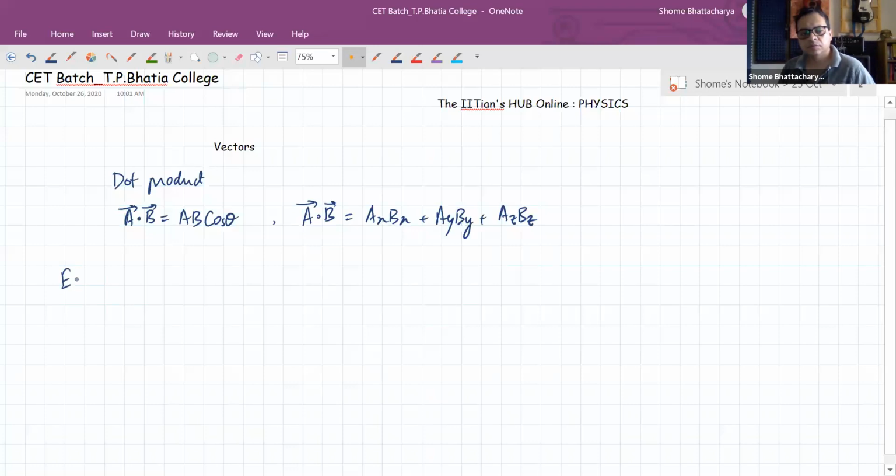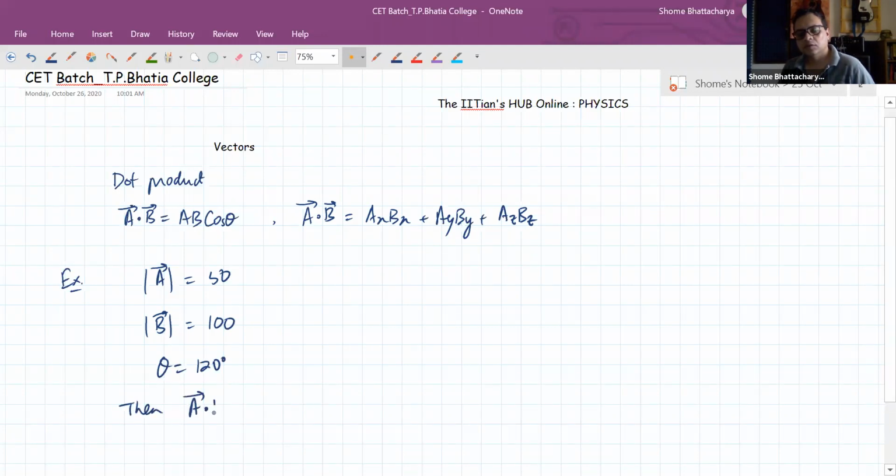So for example, if we have a situation where, say like this, and the angle between them is 120 degrees, then A dot B will become 50 multiplied by 100 multiplied by cos 120.